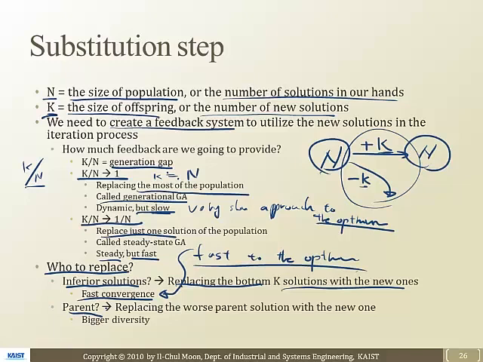Well, that's one approach. But replacing the worst parent solution with the new one might add some bigger diversity, but still it might have slow convergence. So it has a different problem.